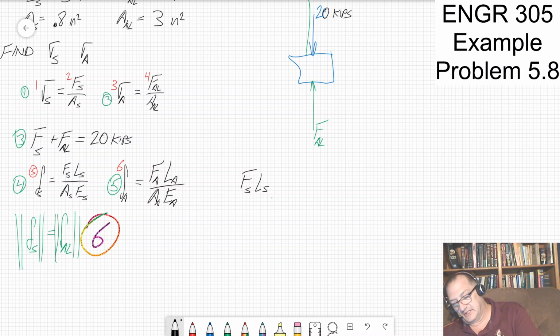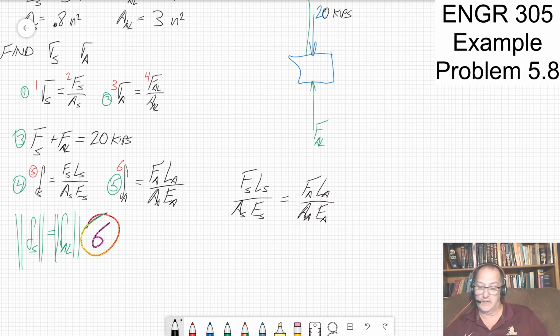Force in the steel, length of the steel, over area of the steel, Young's modulus for the steel is equal to the force in the aluminum, the length of the aluminum, over the area of the aluminum and the Young's modulus of the aluminum. Now, in this one, I don't have that the length of the steel and the length of the aluminum are the same. That's okay. We just are going to punch in values, and we can rearrange this any way we want.